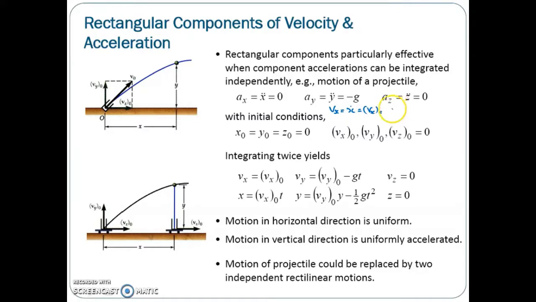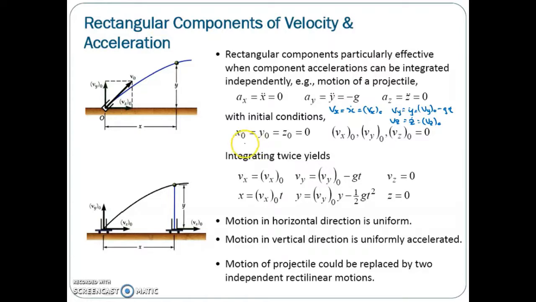Similarly, our Vy will be equal to Vy naught minus gt, and our Vz equals Vz naught itself.